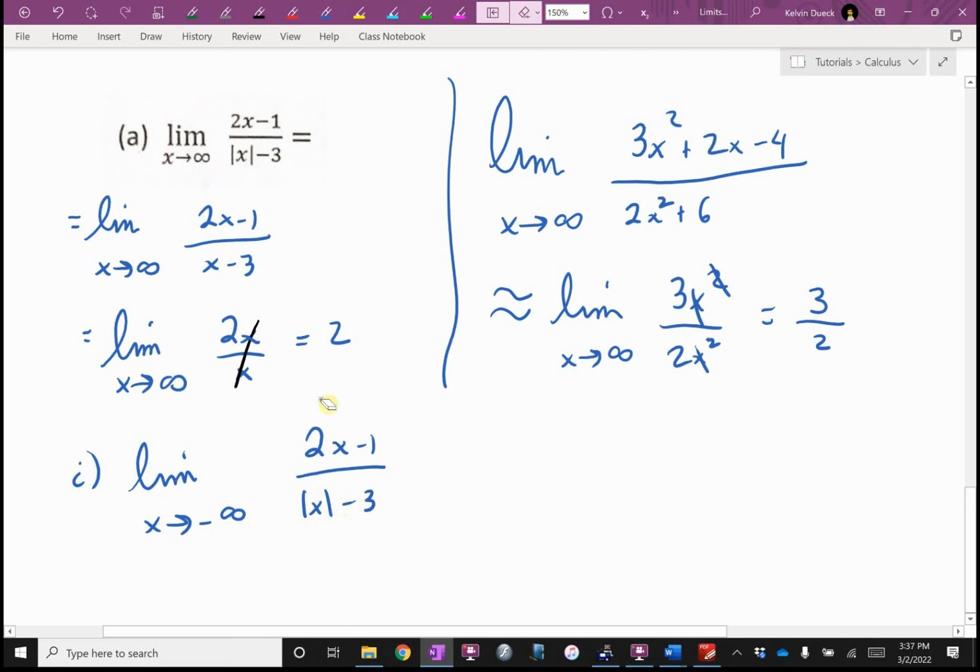It's going to turn into that, and that's because of how the absolute value function works. So we applied our limit to the absolute value function by saying, I know it's going to chuck the negative, so it's going to be like this. Then we applied our limit definition to say the minus 1 and minus 3 are not going to make a difference. Take the limit as x approaches infinity.